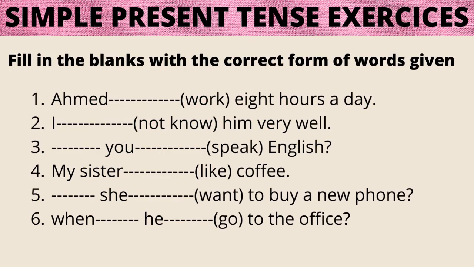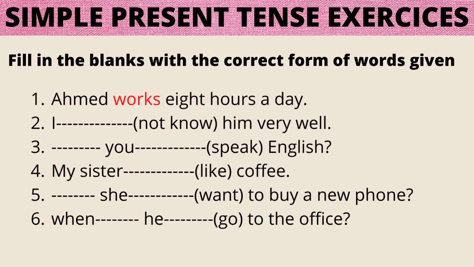Now it's time for practice. All you have to do is to give the correct form of words given. So take your time and answer the following sentences or questions. Number 1, we have Ahmed and the verb work 8 hours a day.